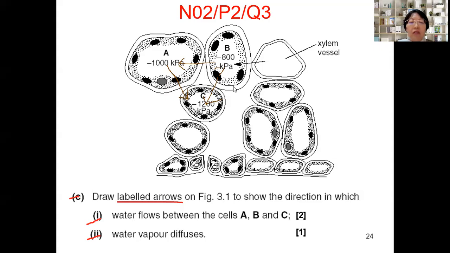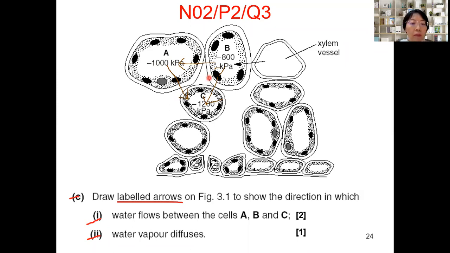So yes, the annotation is correct because the water will move down the water potential gradient. So negative 800 is actually bigger than negative 1000 kilopascal. So it's this direction, and then label it as 1, 1, and 1. Okay, so well done, Sufyan, this is correct.